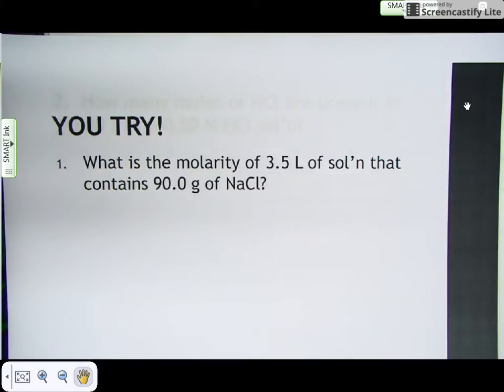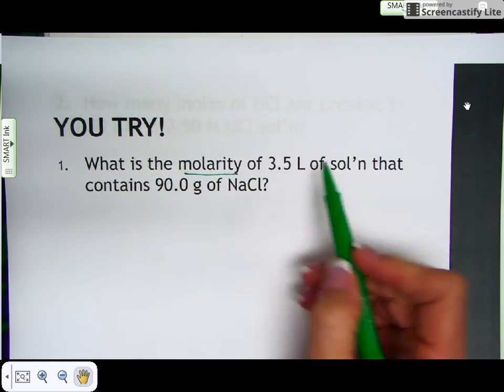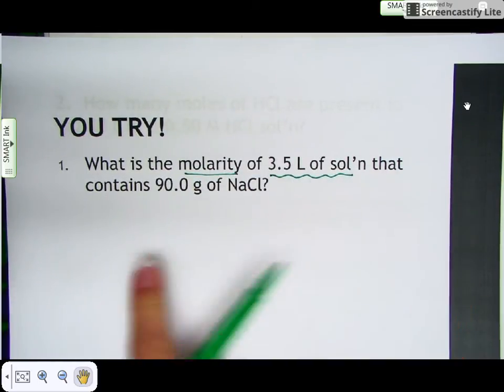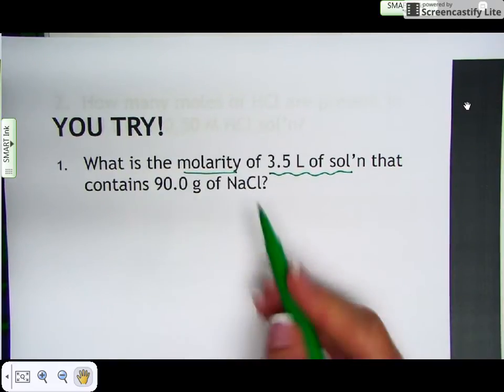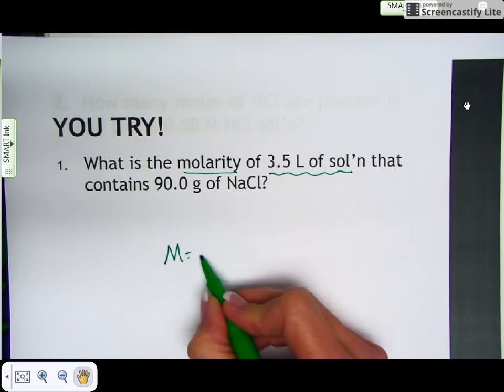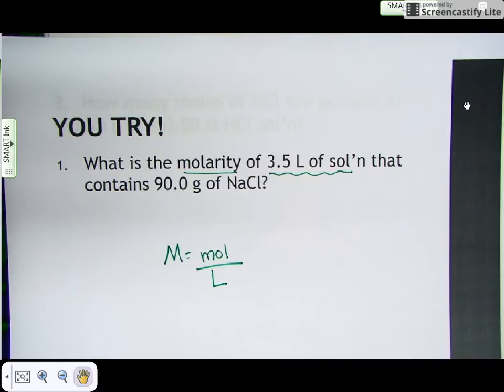Right, let's look at example 2 in the notes. This question says, what is the molarity of a 3.5 liter solution that contains 90 grams of sodium chloride? So again, the molarity formula is moles of solute divided by liters of solution.